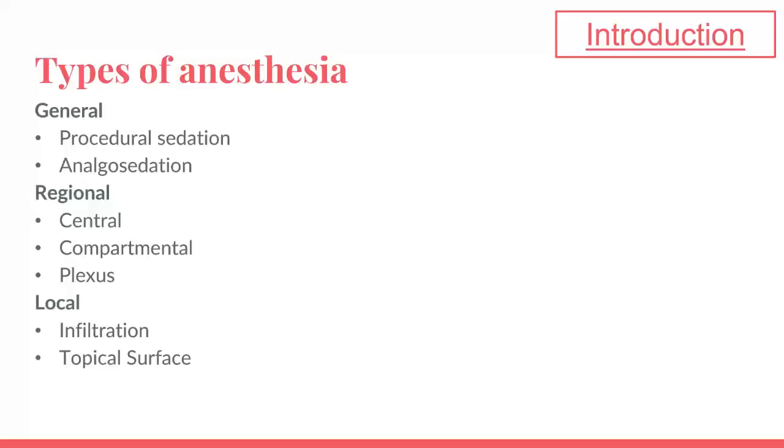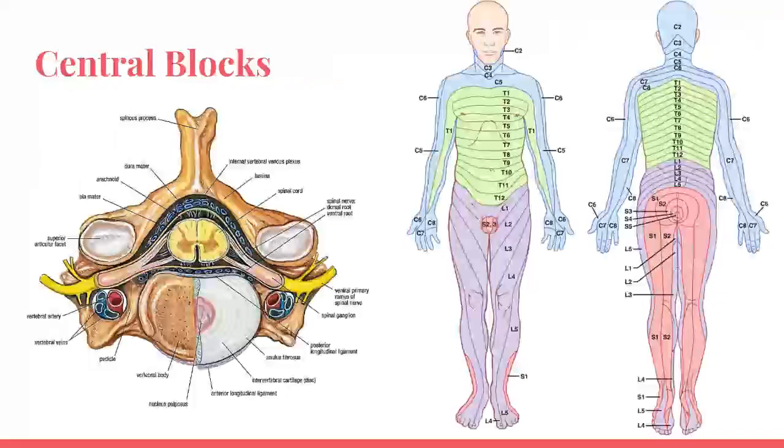Local anesthesia refers to anesthetizing the area directly subjected to painful stimuli, such as infiltration anesthesia, commonly used for suturing small wounds. The last type of anesthesia is so-called surface anesthesia, applied as various creams, ointments, and pads.